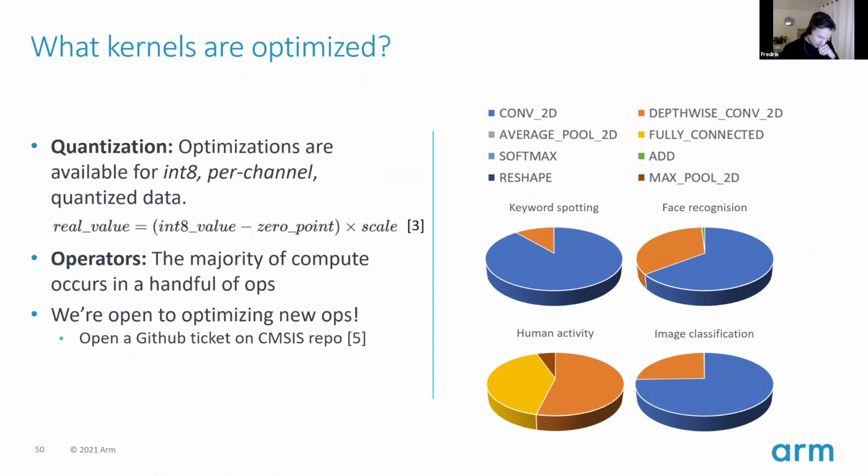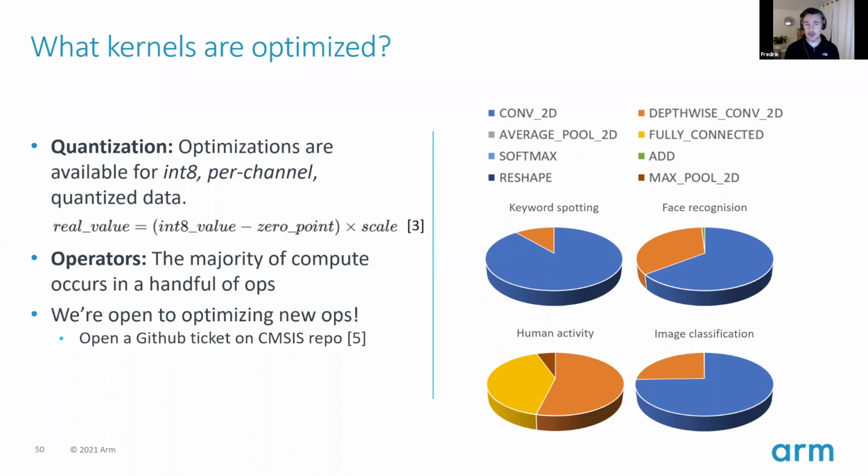Optimize where it matters. What kernels do we optimize? Quantization is a very important concept. As Felix touched upon, using a 32-bit float wouldn't be very suitable for a microcontroller use case. It takes up a lot of memory and a lot of MIPS to do the computations.